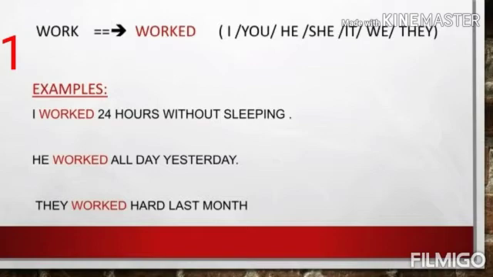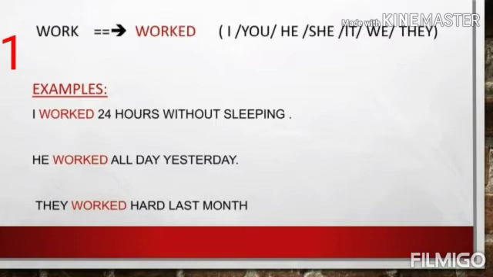I, you, he, she, it, we, they worked. Let's see some example. I worked 24 hours without sleeping. He worked all day yesterday. They worked hard last month. Okay, so the verb here is worked.